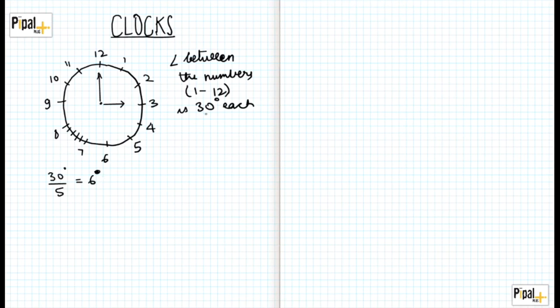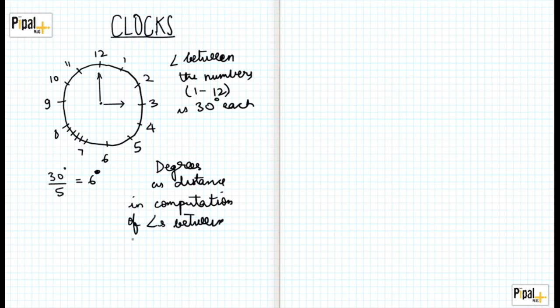Now, why do we do this? Why have we studied degrees as distance, degrees between 12 and 3, and degrees for each marking? It is because we are going to use degrees as distance when we calculate the angles between the clock hands, right?